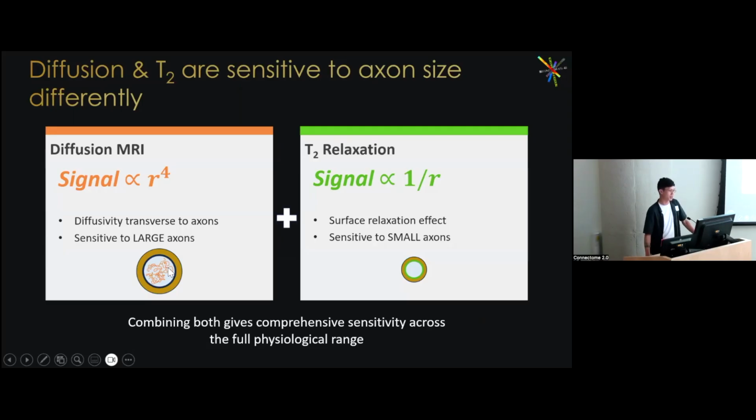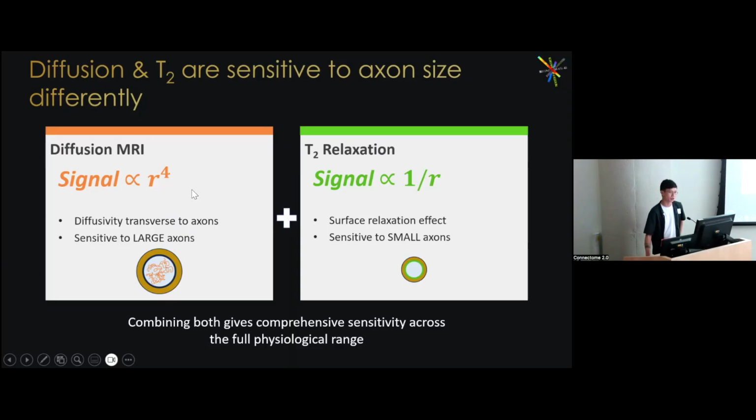So my project is about trying to combine both contrasts into a single optimization problem, because diffusion and T2 are sensitive to the axon size differently. With diffusion, we measure the diffusivity in the axons, and it is very sensitive to the large axons.